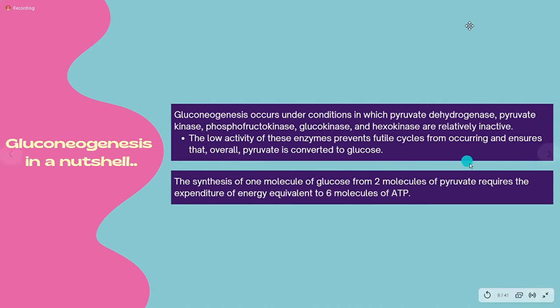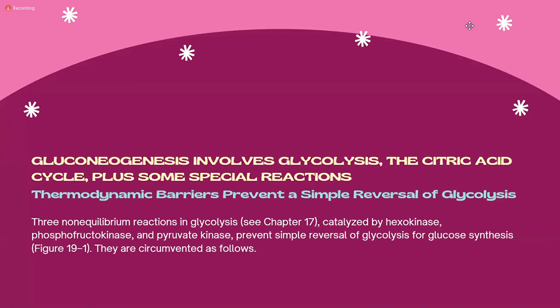We continue. Gluconeogenesis involves glycolysis, the citric acid cycle, and some special reactions. These special reactions occur in the irreversible steps of glycolysis. It says here, thermodynamic barriers prevent a simple reversal of glycolysis.